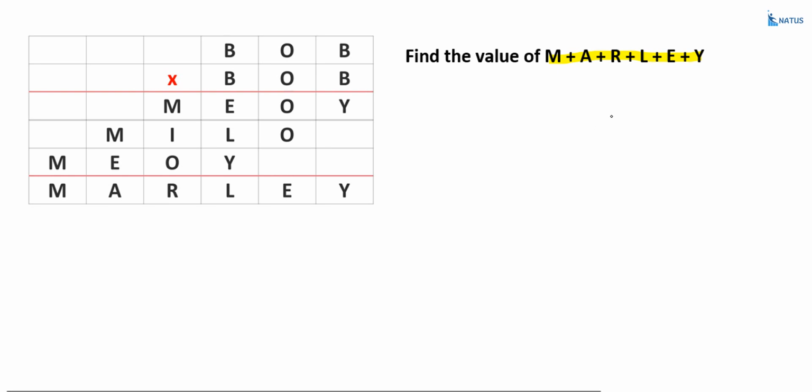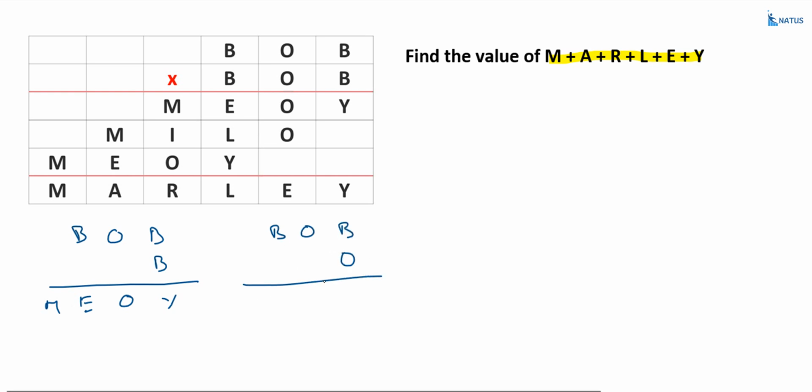Suppose you multiply BOB with B, then what you get? That is equal to MEOY. What next? If you multiply these three digits with O, then you will get MILO, right? BOB multiply with O, then what you get?